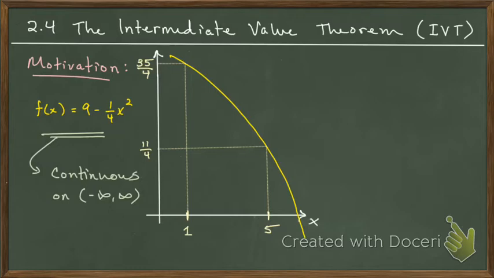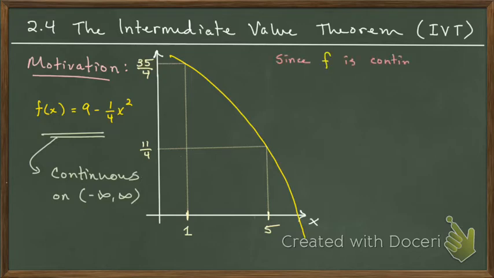What this intermediate value theorem is basically going to say is that when I have a continuous function like this, I'm going to hit every value in between those two y values. And there's going to be an x value between my 1 and 5 that will correspond to that y value. Let me write some things down here for us.